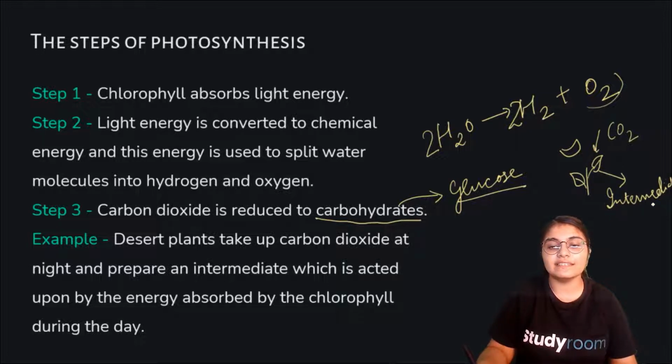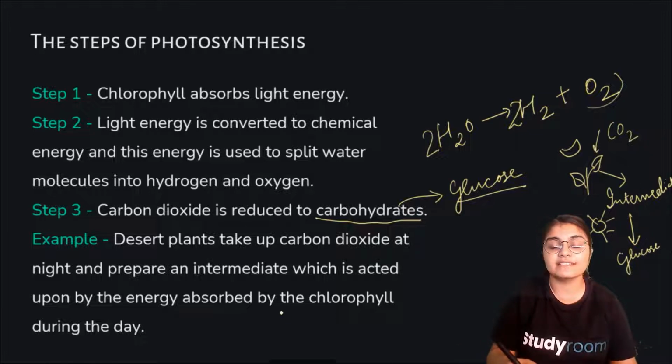Then during the day, this intermediate is acted upon by energy that is absorbed by chlorophyll and then glucose is produced. So this is how the process happens in desert plants.